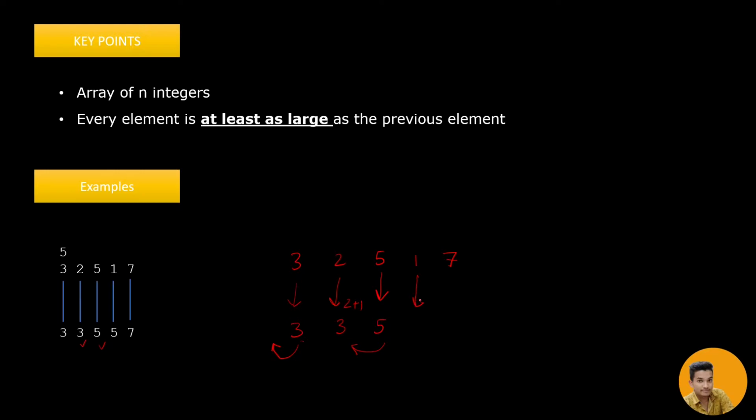Now 1 is not large enough, so we are going to increase it up to 5. Because it should be at least 5, 5 will be okay. And when we reach 7, this is larger, so it's alright. So this is how we are going to do it.